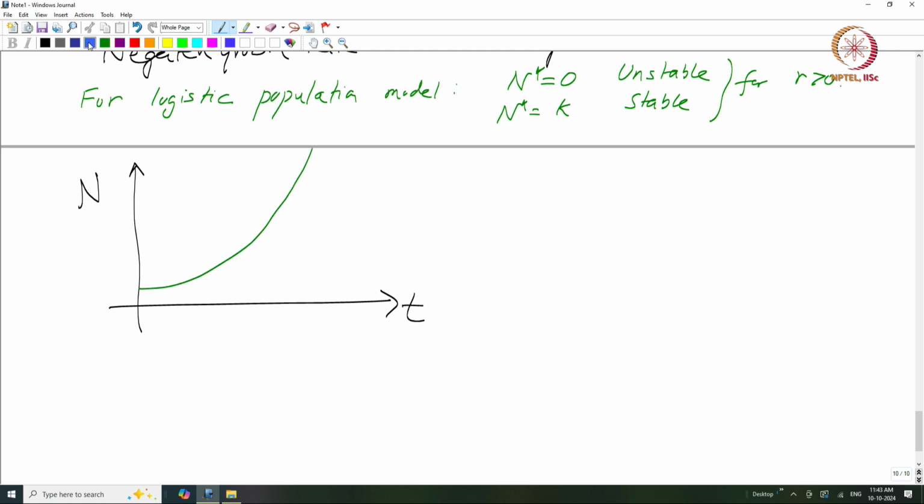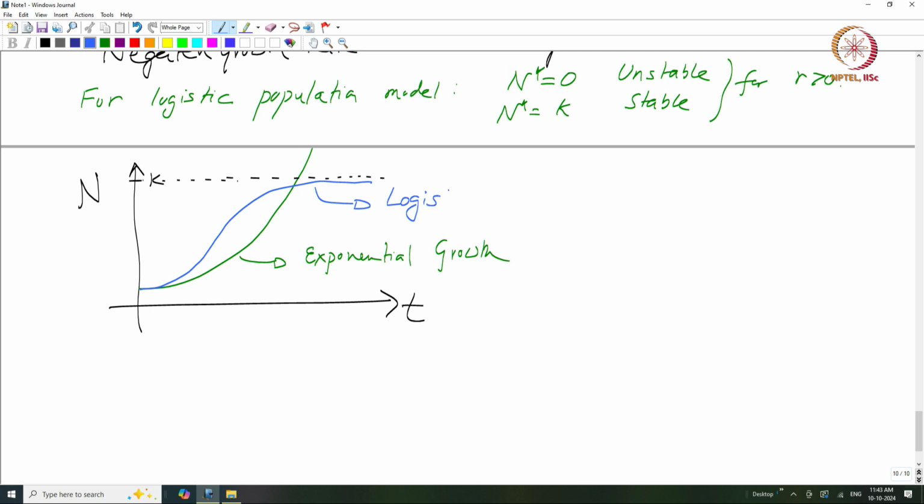However, for the case of logistic growth, it would look like this. So, this is the case of exponential growth, and this is the case of logistic.